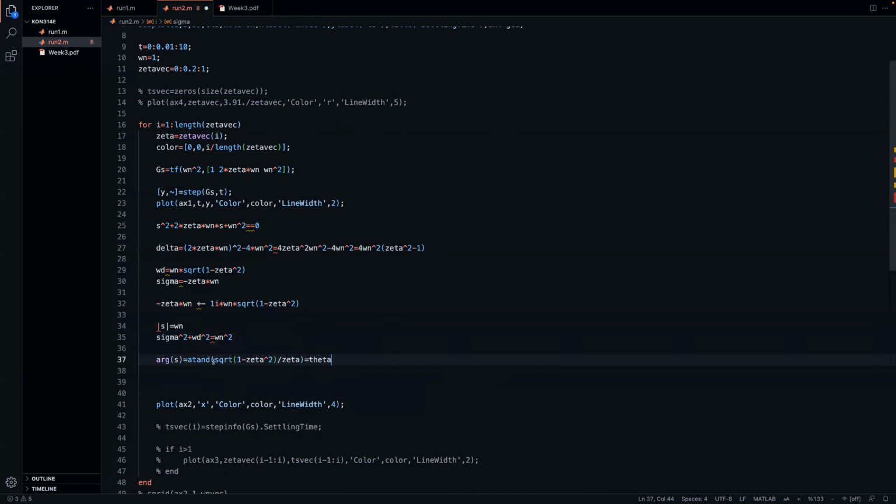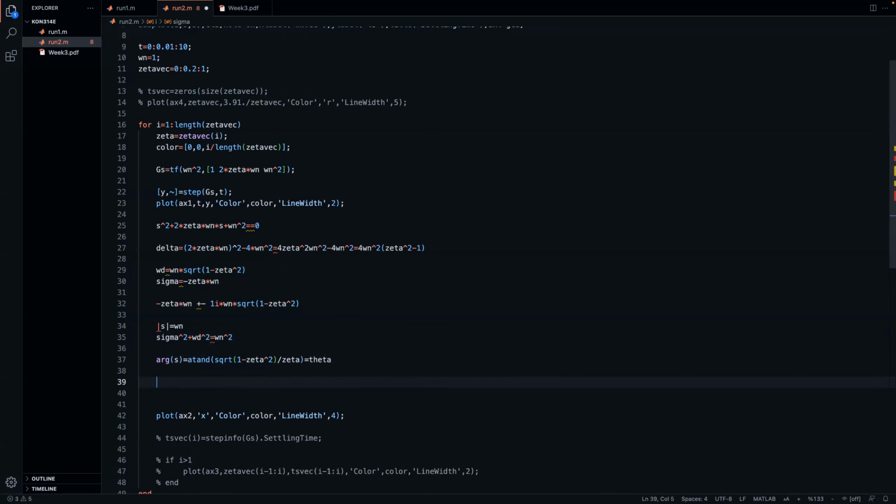Now, if you look close, we have the square root of 1 minus zeta squared, and then there's also zeta. And this is actually a triangle. If we work out what the hypotenuse is, you would end up with 1, because the square root of 1 minus zeta squared, squared, plus zeta squared will give you basically 1.